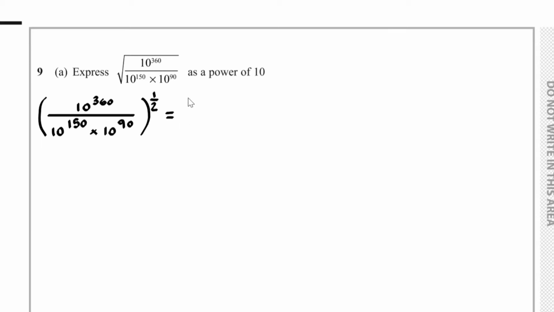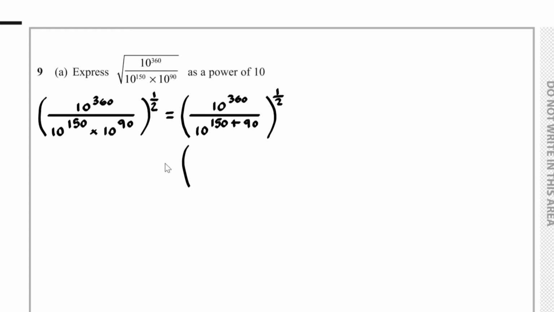And so what we can do here then is recognize that on the bottom we have the same base and we are multiplying, so we can add the powers. So if I add the powers, we have 10 to the 150 plus 90 on the bottom, and on the top we've still got 10 to the 360. And I'm raising this to the 1/2.